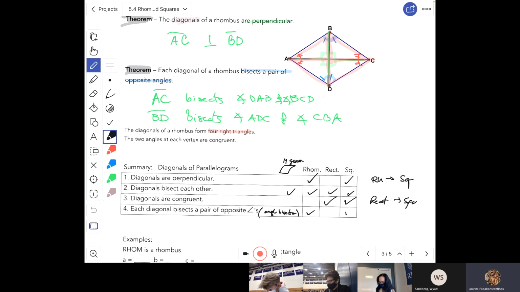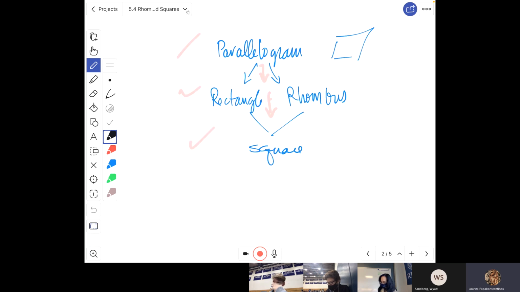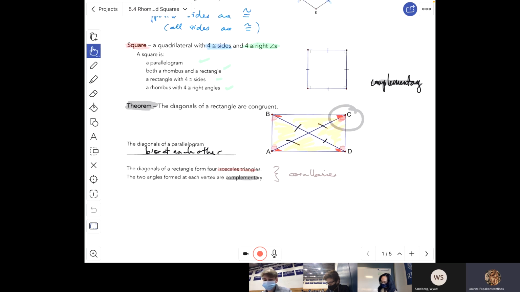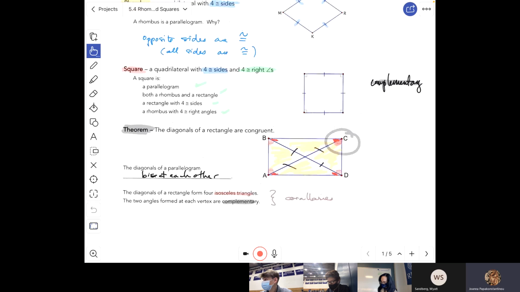Rhombus and square, yes. Good. So again, these properties were for the rhombus. These properties, this was for a rectangle.